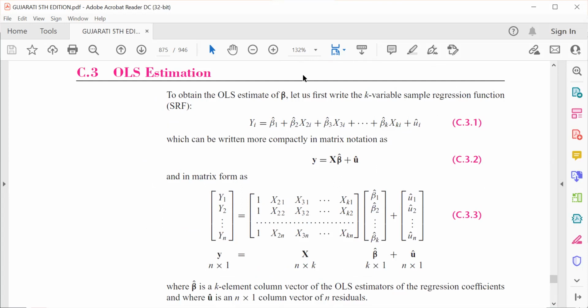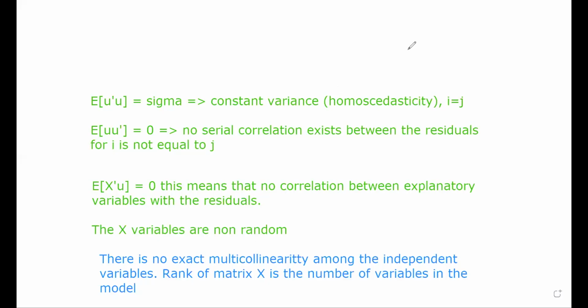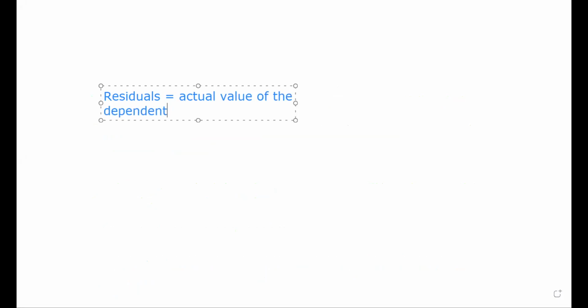We know that in matrix notation the residual is equal to the actual value of the dependent variable minus the expected, the predicted value.